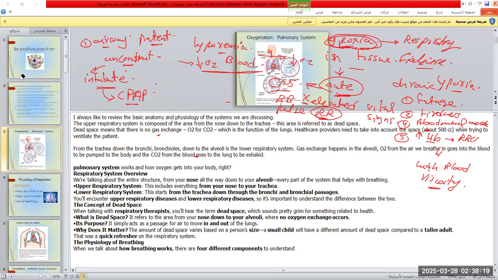What is CPAP? It's continuous positive airway pressure, like mechanical ventilation.